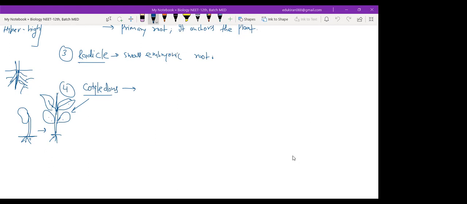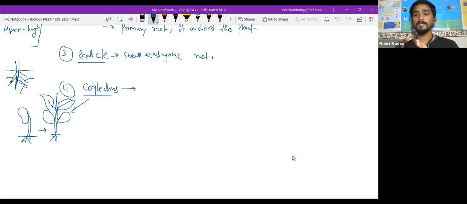Okay. I was just saying that if anyone has planted a mango sapling or has seen a bean seed germinating from soil, then you will see that the first thing that comes out of the ground is a small tender green stem with this structure. Then this structure opens into two.